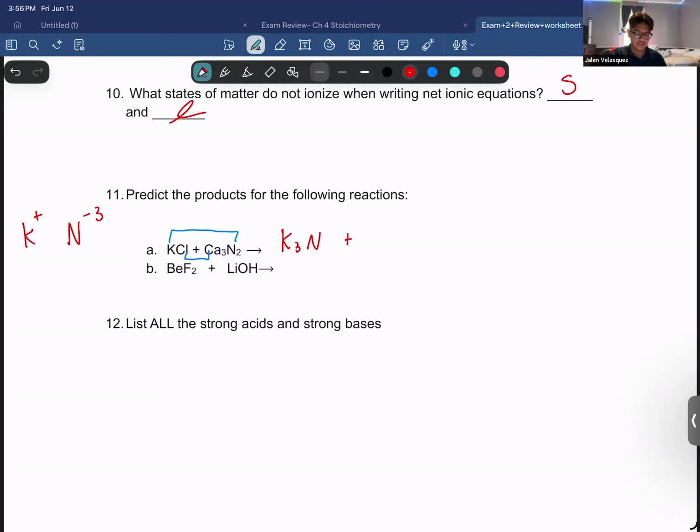and then combining calcium and chloride. Calcium is 2+, chloride is 1-, right? So you're going to get CaCl2, and then you have to balance the equation. So you will get a 6 in front of the KCl, a 2 in front of K3N, and then a 3 in front of the calcium chloride.